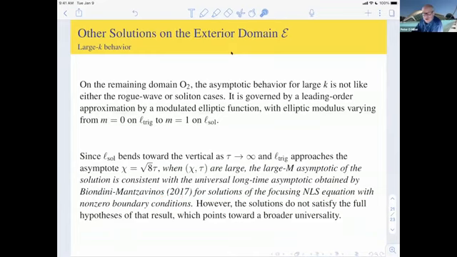They were considering certain solutions of the focusing NLS equation with non-zero boundary conditions, but unfortunately the ones we're talking about today don't fit into that. They decay way too slowly to the background, so they don't satisfy the hypotheses, but somehow they're consistent with the result, and that points toward a broader universality of those large tau results.